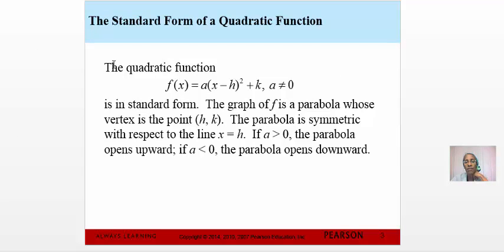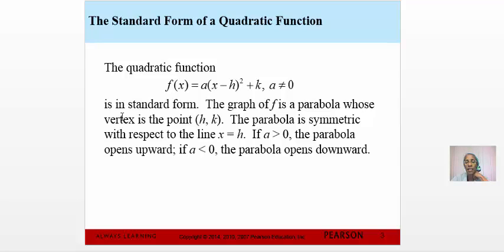So when you have a quadratic function in the form f of x equals a times the square of (x minus h) plus k, with a not equal to 0, this is in standard form. The graph of f is a parabola whose vertex is the point (h, k).